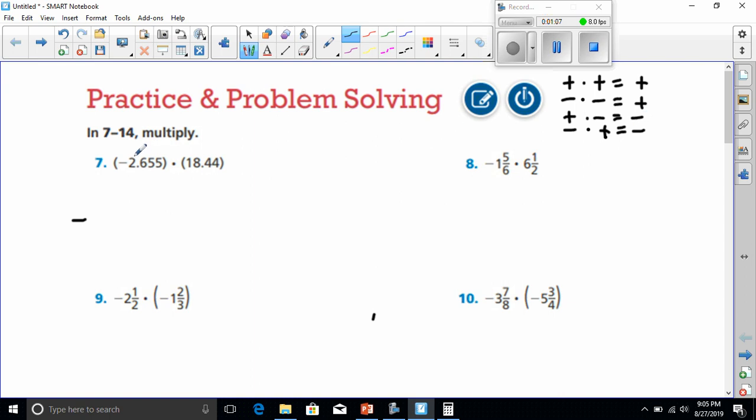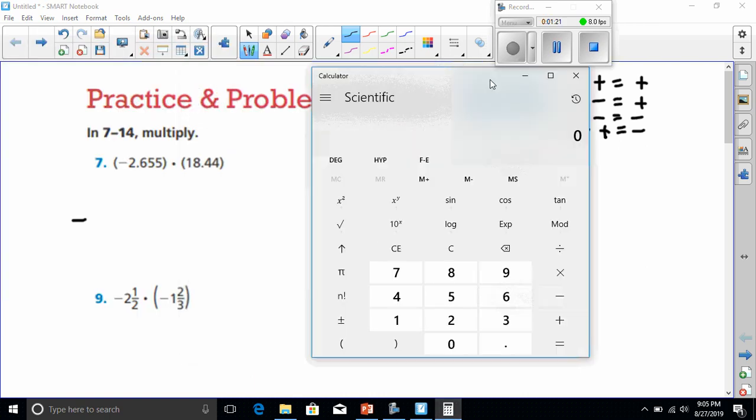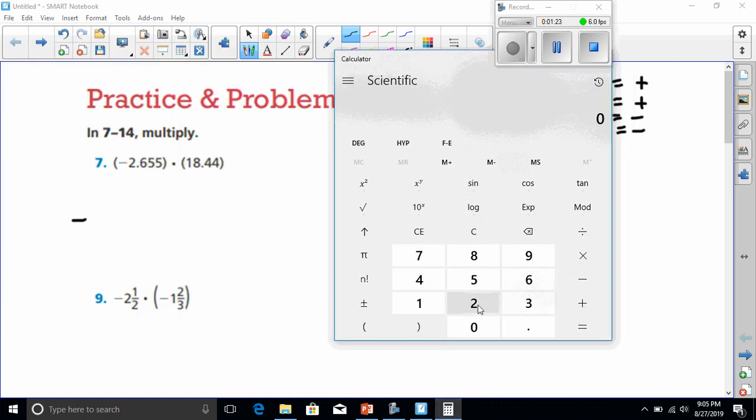All right, so let's multiply negative 2.655 times 18.44. I could go ahead and do the multiplication the long way, but I'm going to use my calculator, take a shortcut here. 2.655 multiplied to 18.44 is going to give us 48.9582.